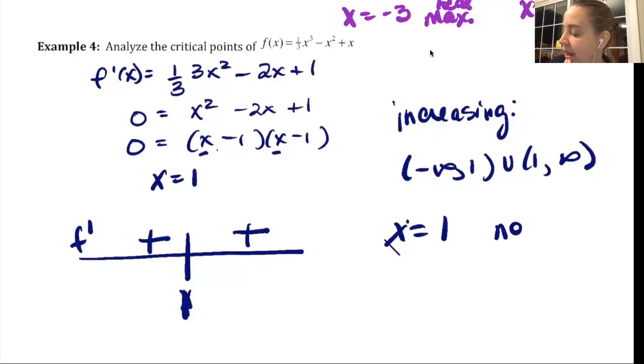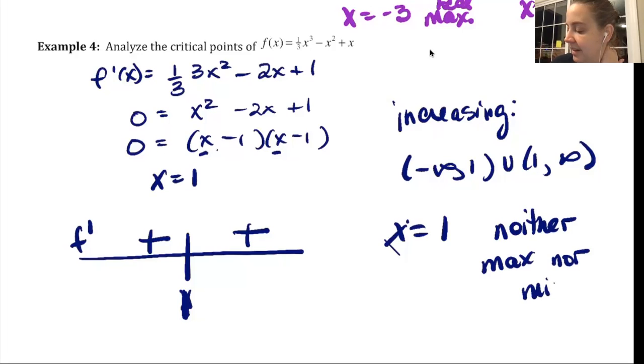Neither max nor min. There it comes. All right, so neither max nor min. You have to have a sign change by that first derivative test, and we don't. It stays positive, positive.